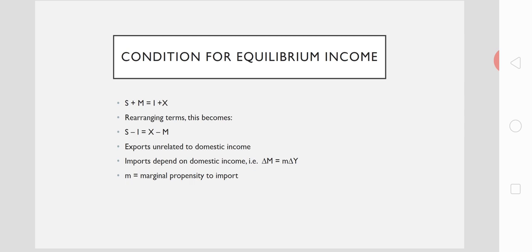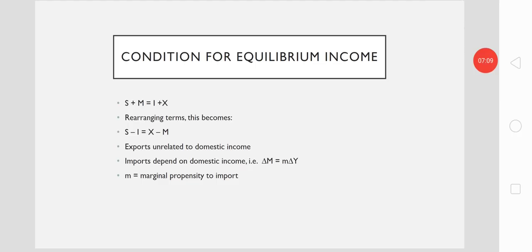When we go to the open economy, we have to add foreign trade, so S plus M is equal to I plus X. After rearranging these terms, we get S minus I, that is saving minus investment, is equal to export minus import. This is the equilibrium level of income of a nation in an open economy model.